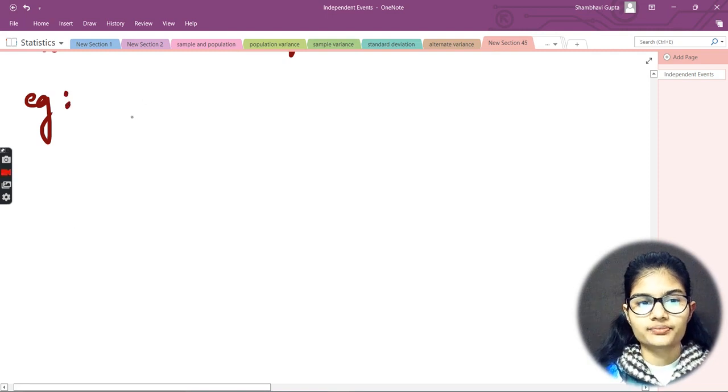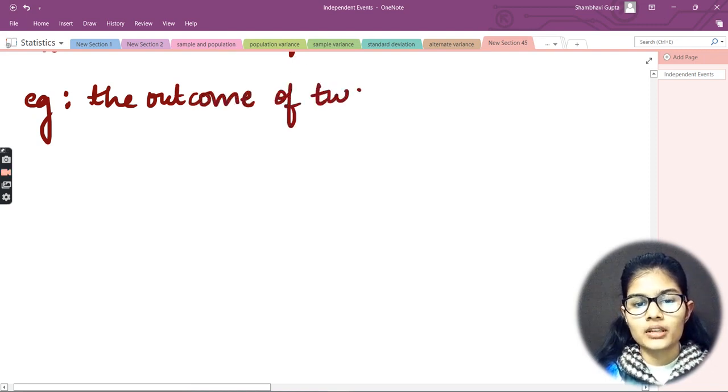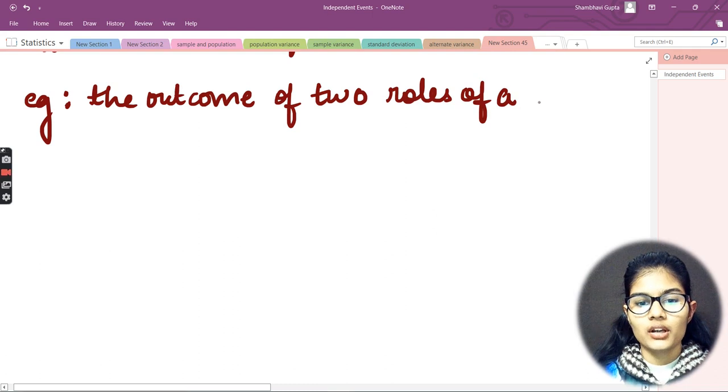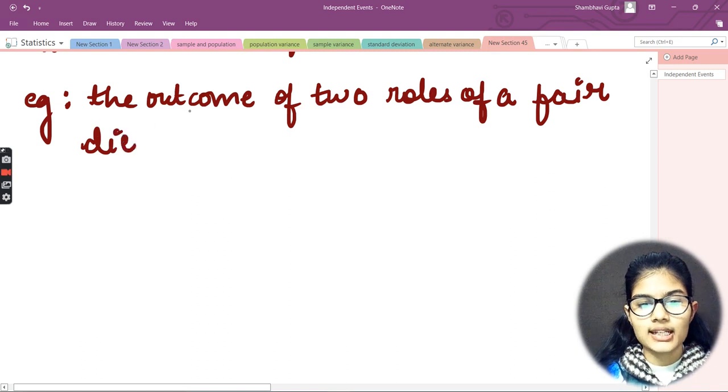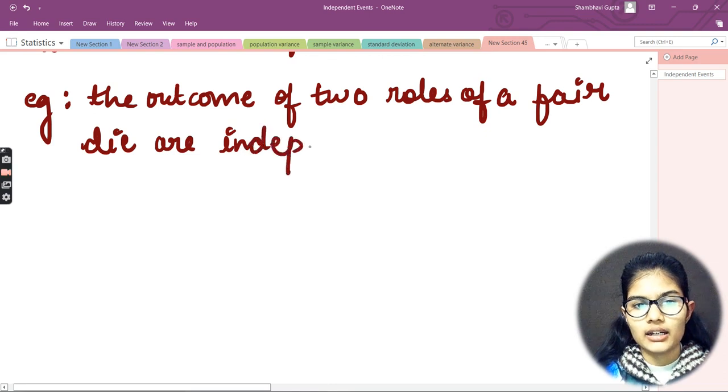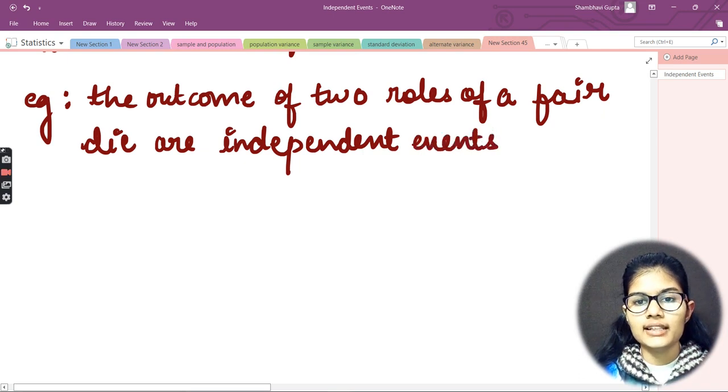Let's take the example that the outcomes of two rolls of a fair die are independent events.